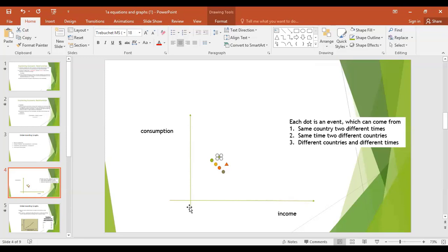So we are plotting the consumption and income of Pakistan from 1960. So it will be like 61 or 62 years of data. So we have 61 dots. If we have this, we call it time series data.